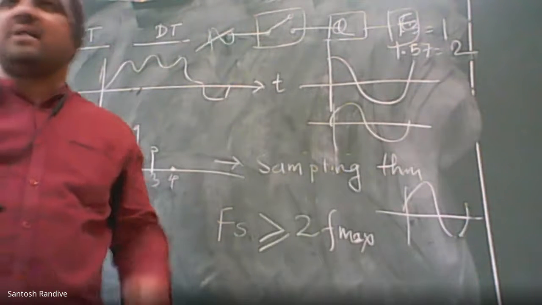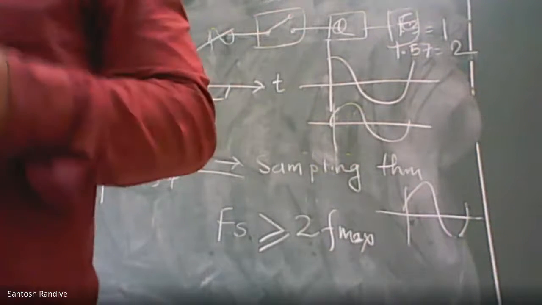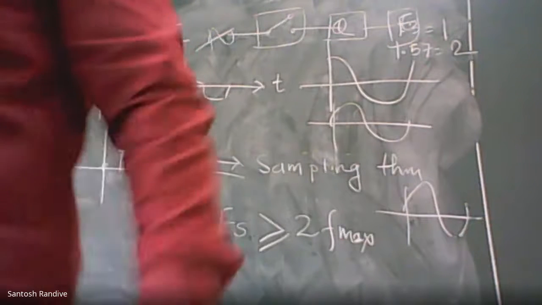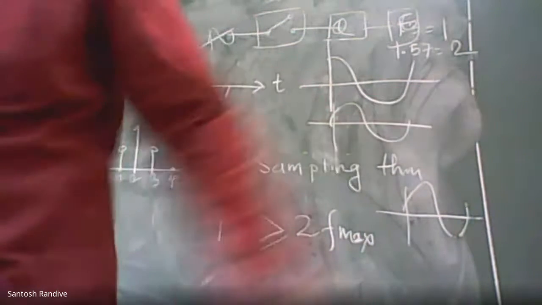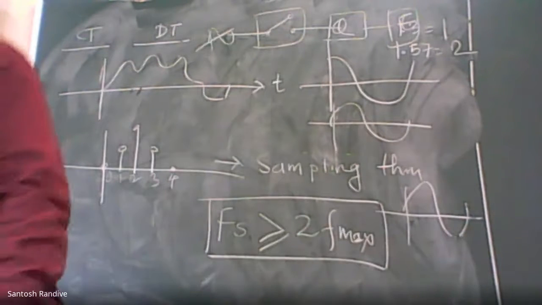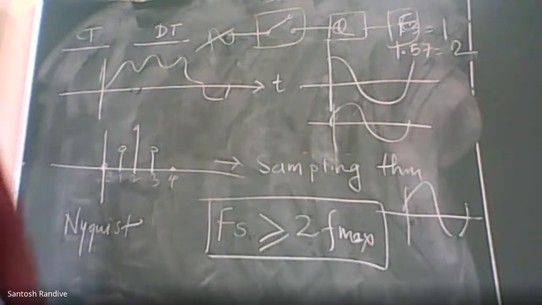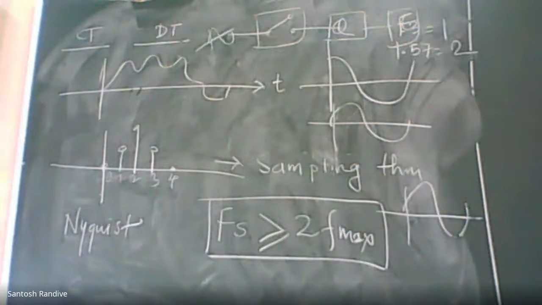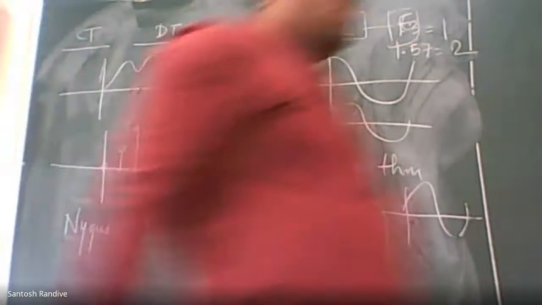Suppose the given input signal is a simple 5 hertz signal. Then the maximum frequency is 5 hertz. And what sampling rate will I need? 10 hertz, or more, and then my sampling theorem is valid. And this is called the Nyquist criteria. So the sampling frequency is always greater than or equal to twice f max.